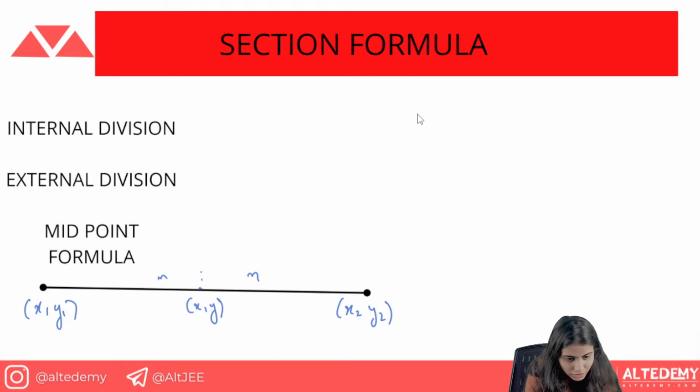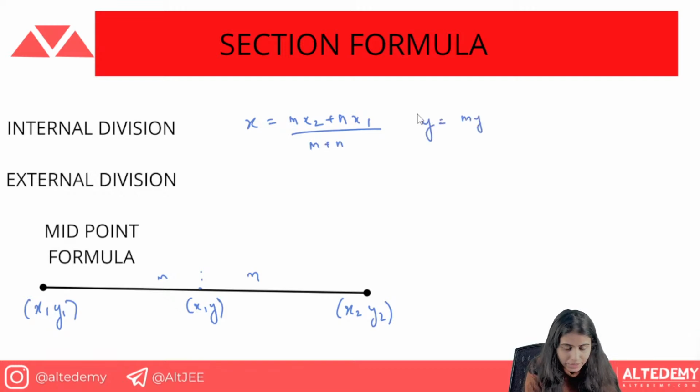Now you can write the formulas: x is equal to (m x2 plus n x1) upon (m plus n), y is equal to (m y2 plus n y1) upon (m plus n).